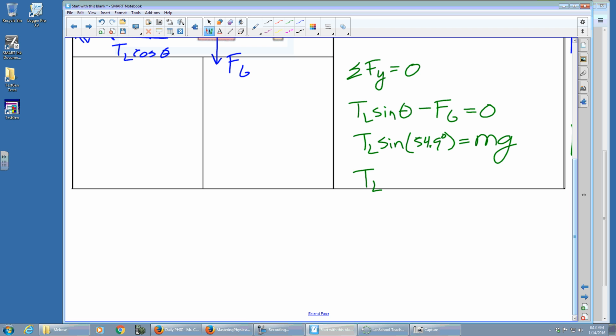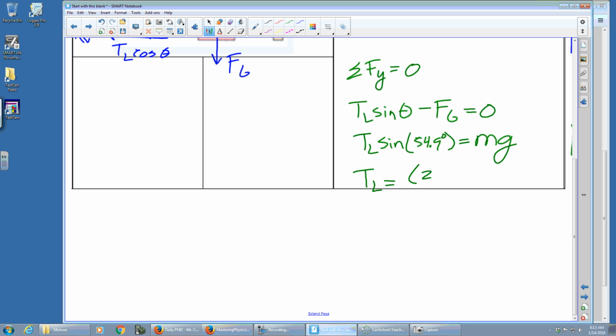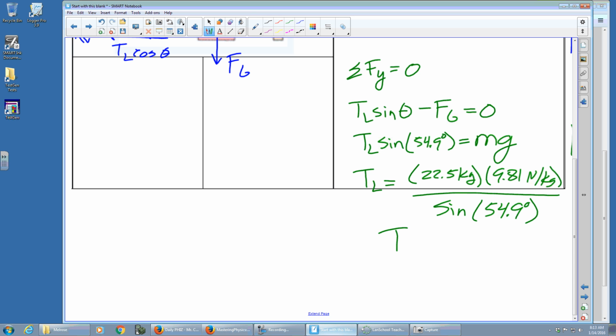So I could say that TL equals whatever my mass is, 22.5 for me, times 9.81 newtons per kilogram, all over sine of 54.9 degrees. Find out my left-hand tension.